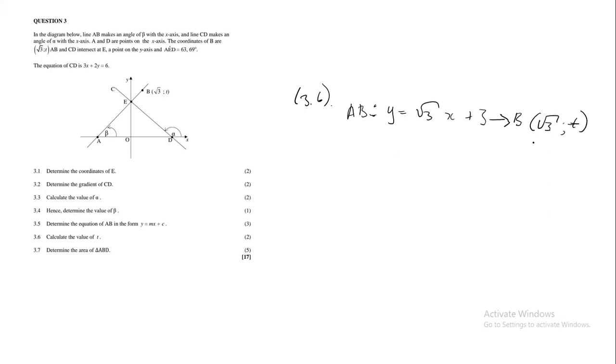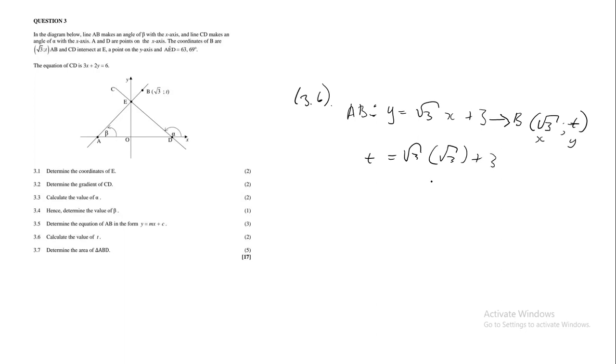Therefore, we're going to substitute everything that we see here onto this equation. Remember, this is a coordinate system whereby this is x and this is y. So onto my equation of the line AB, my value of y is t, which is equal to root 3 multiplied by x. My x in this case is positive root 3, plus 3.